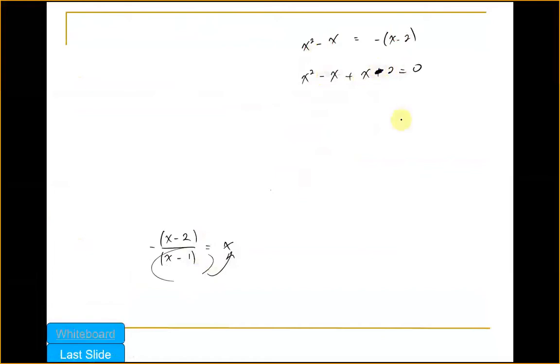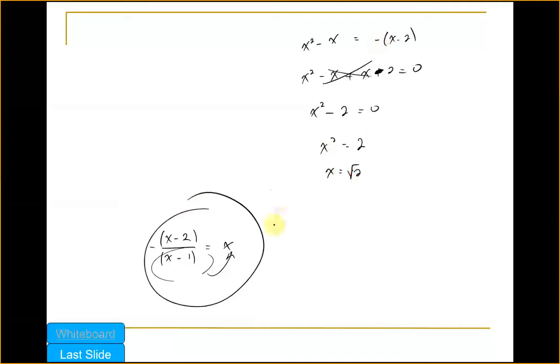Everybody see that? And then the x cancels there, so it becomes x squared minus 2 equals 0, or x squared equals 2, or x equals square root of 2. This is a fixed point form: x is a function of x. Alright? Hope everybody is following.